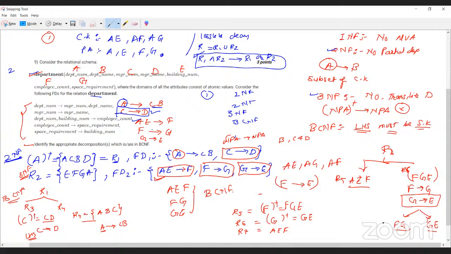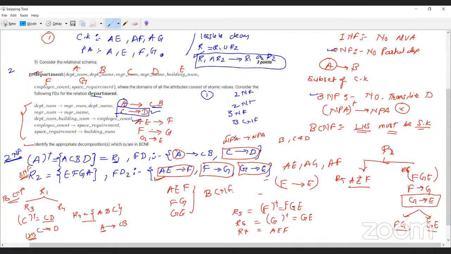In the options, one of the decompositions may be missing, right? Because we can consider F determines G determines E as F determining E directly. So you have clubbed both according to the axioms rule and taken F closure only. Yes, we are taking F closure only here, FGE.